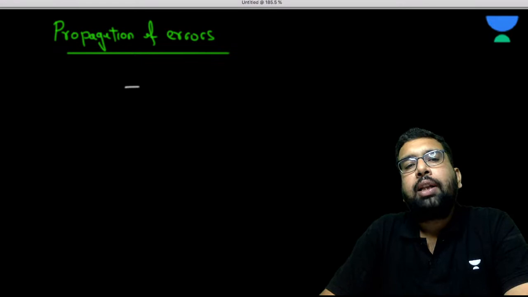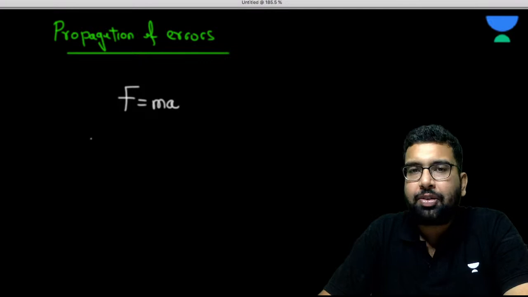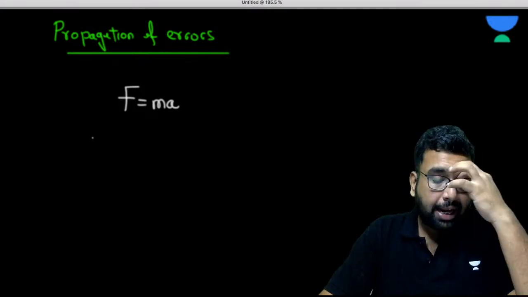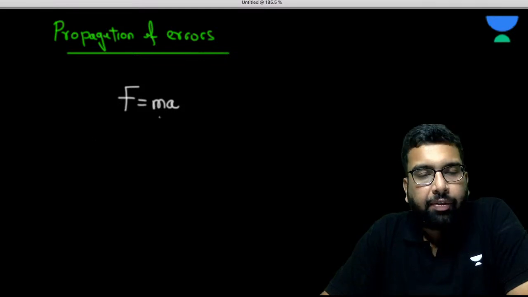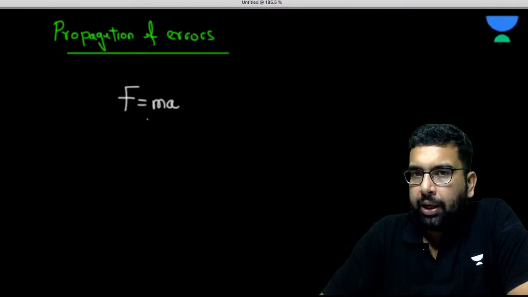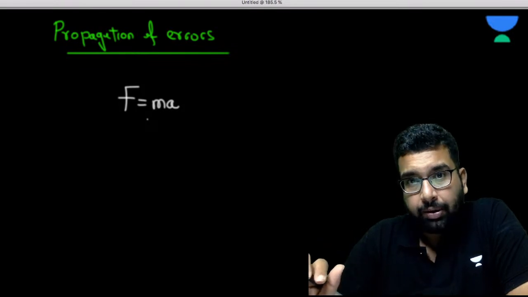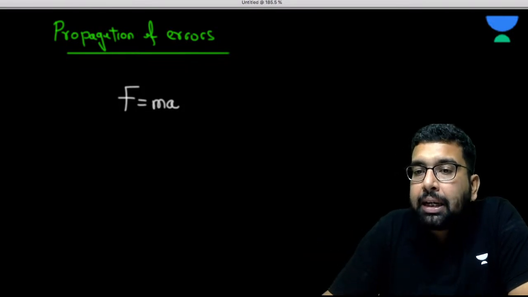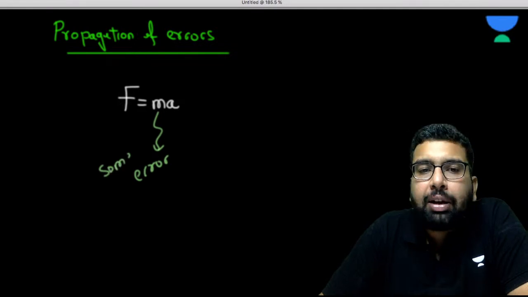For example, F is equal to ma. F is equal to mass into acceleration. Please understand this, guys. When we say F is equal to ma, if you want the force, you can measure the mass and you can measure the acceleration, right? There will be some error in the measurement of mass. We don't know what that error would be, but there will definitely be some error.